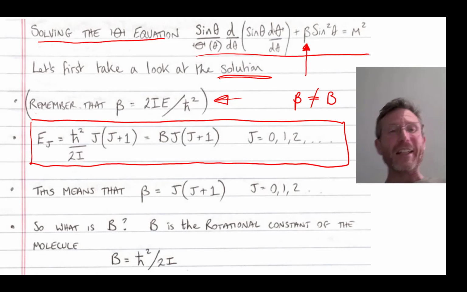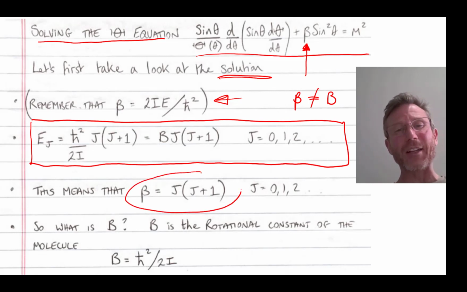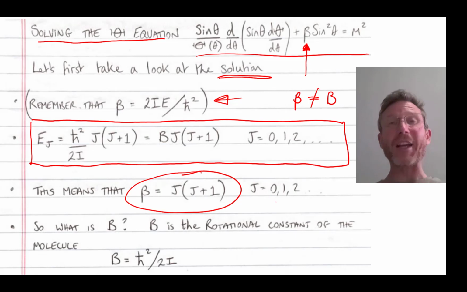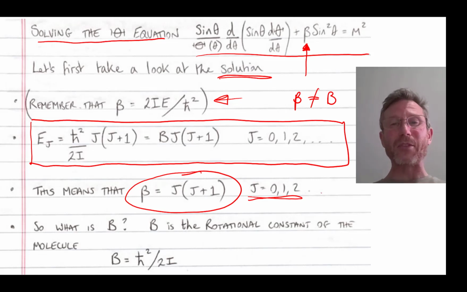Well, it actually comes from the following solution. It turns out that beta is equal to J multiplied by J plus 1, and J ends up being a quantum number here. J is going to take values from 0, 1, to 2, and it's this solution that leads us to this expression up here.